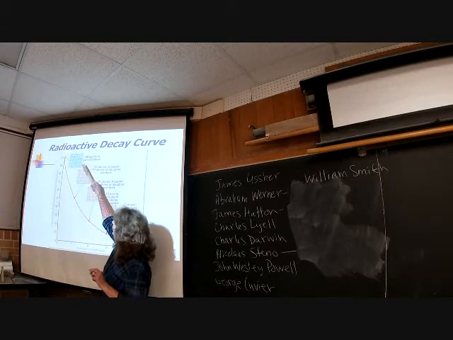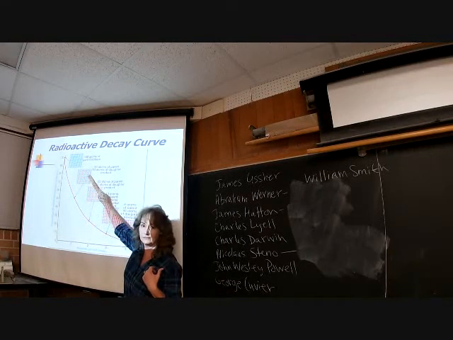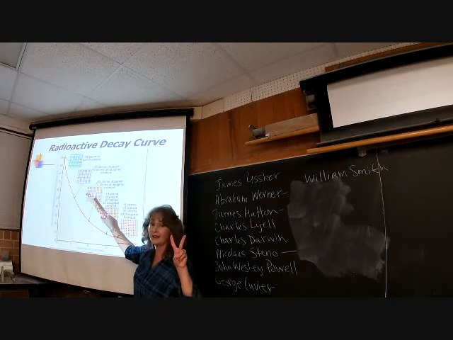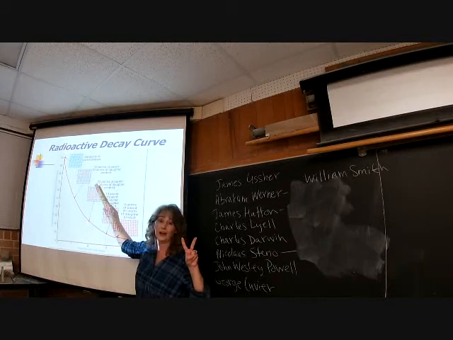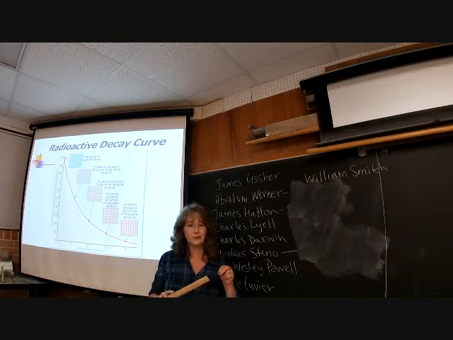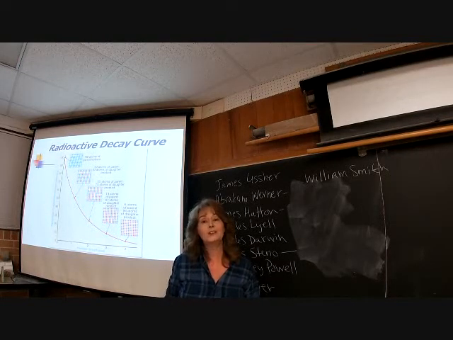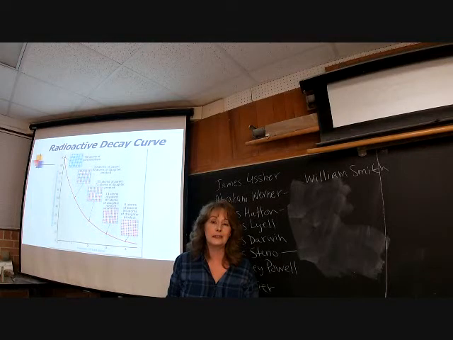So let's see. Starting off would be 100. After one half-life, we would have had 50 of the parent. Go a second half-life, and you would have the 25%. So 2 half-lives have gone by. So 2 times the 10,000 would mean that the age of the rock is 20,000 years.